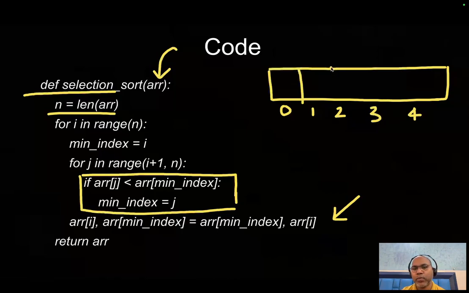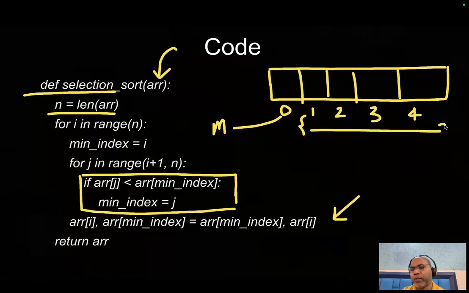This is your element. Say this is your min index. Let's assume the first place is the minimum element, and again you run the loop from here to here and figure out what is the minimum compared to this place. So this is the value, and find which is the minimum.